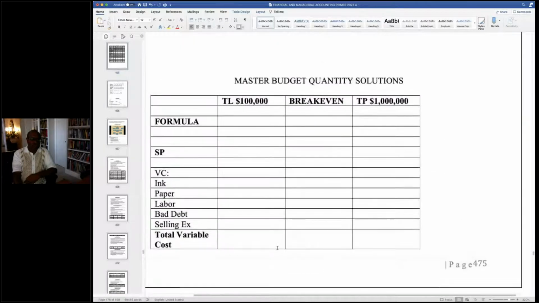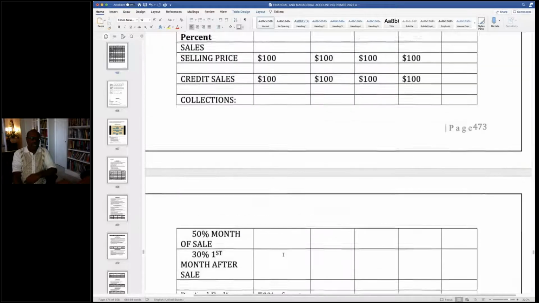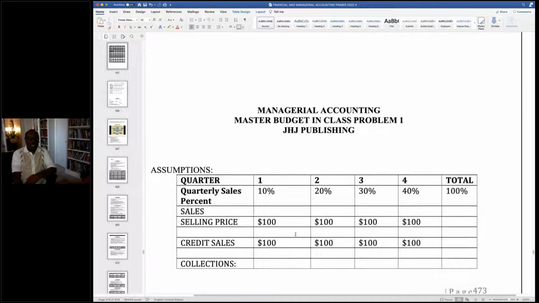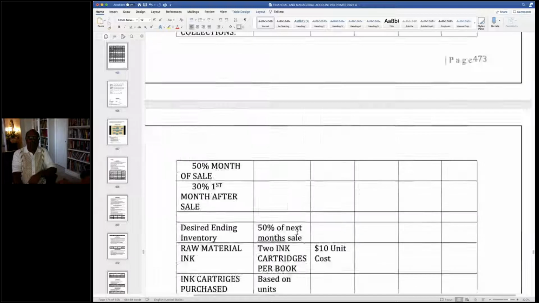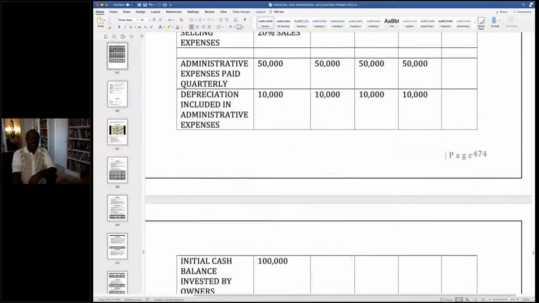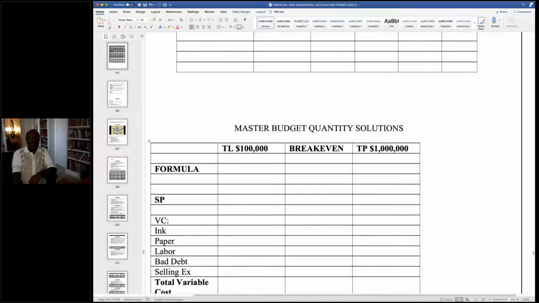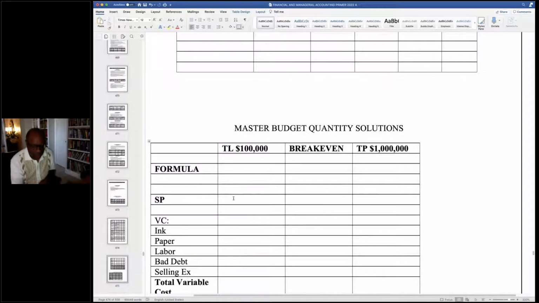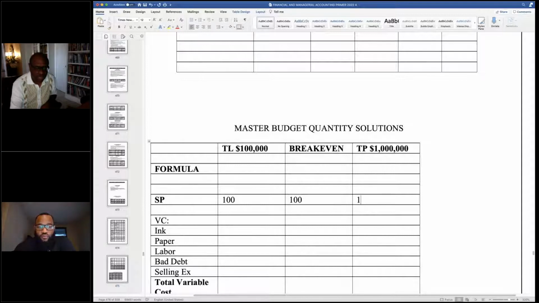So let's go back and look at our assumptions and see if we can bring them forward. You're told the selling price is 100. Okay. So you know that's going to look like a different format, but it probably works better in terms of making sure you got everything in.